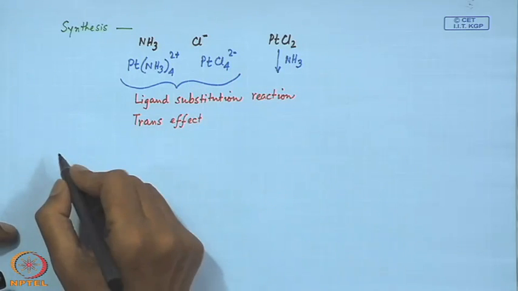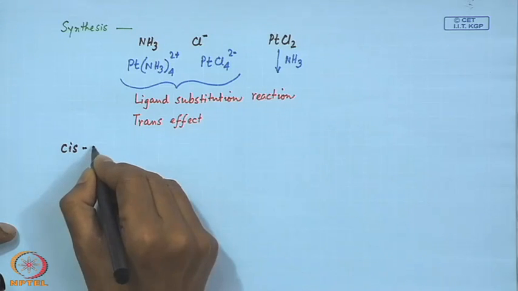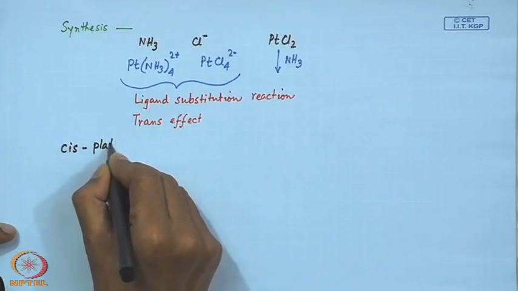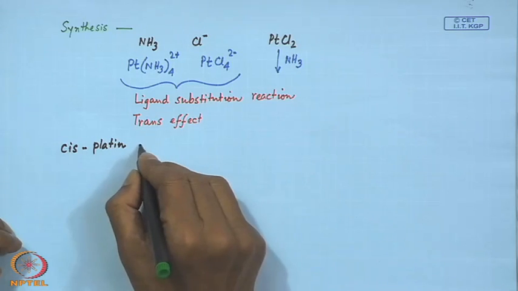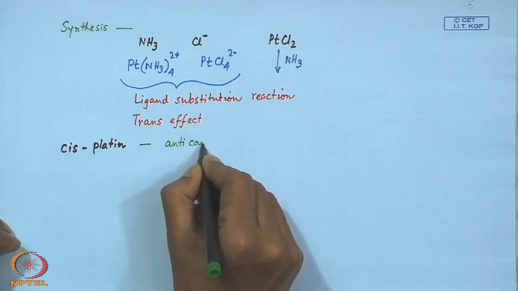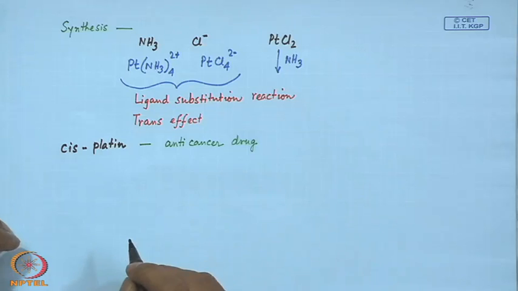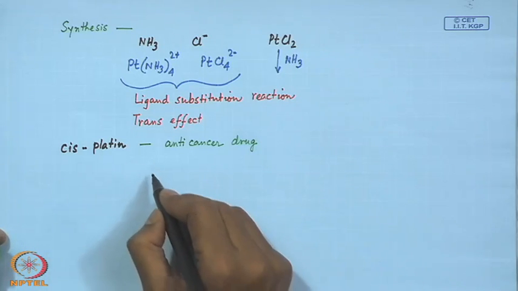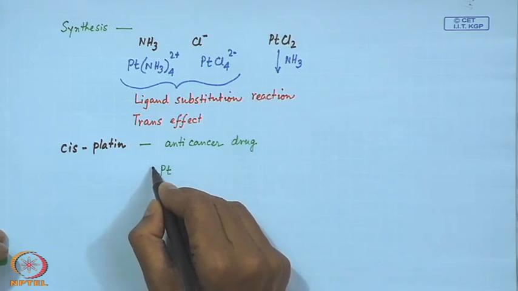Because this particular molecule which is known as cisplatin is a very useful anti-cancer drug, and in that particular case only cis is useful as an anti-cancer drug, because the positioning of these two cis groups around the platinum is important.